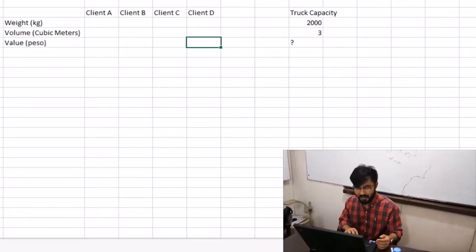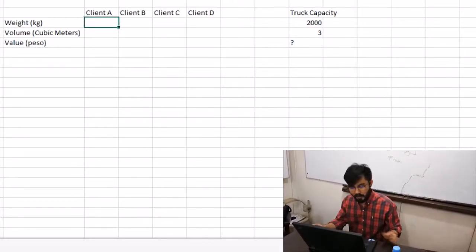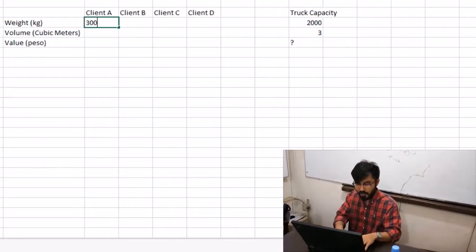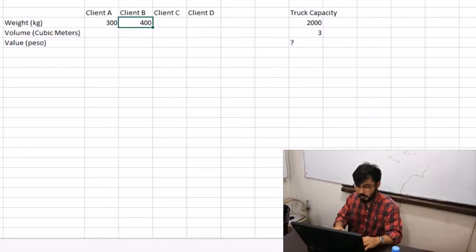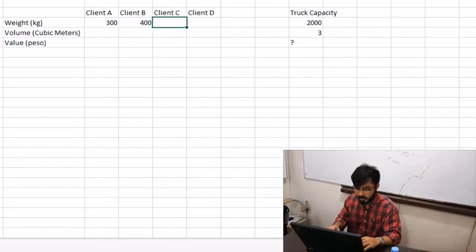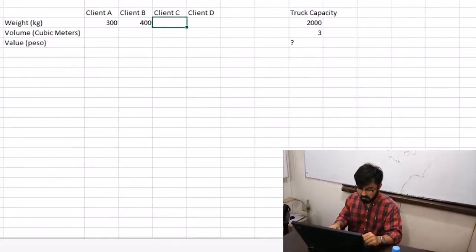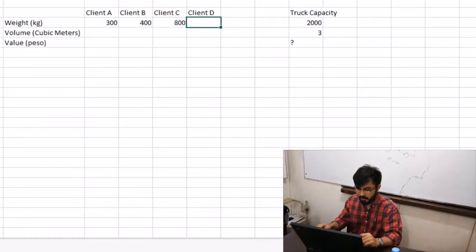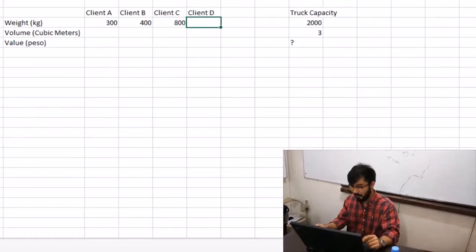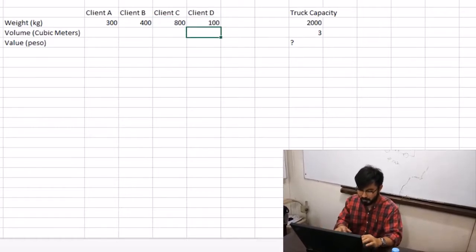So the weight for client A is 300 kilograms, client B is 400 kilograms, client C has 800 kilograms, and client B has 100 kilograms.